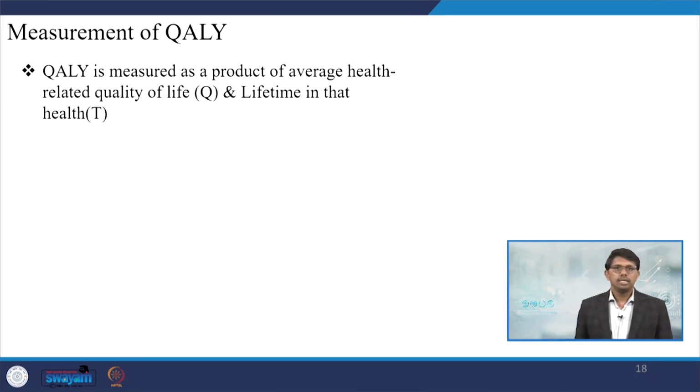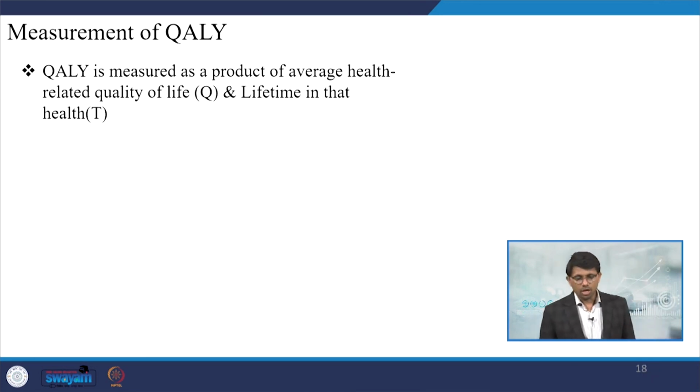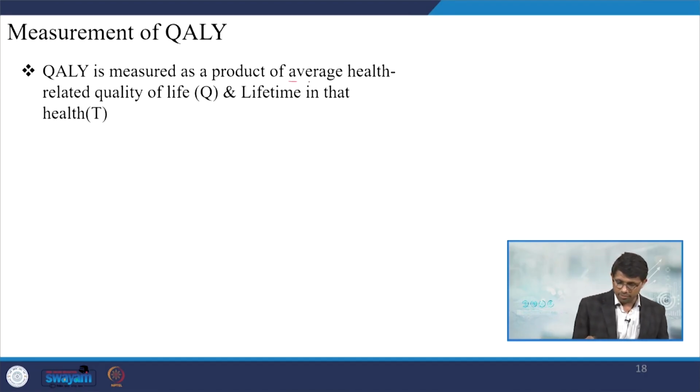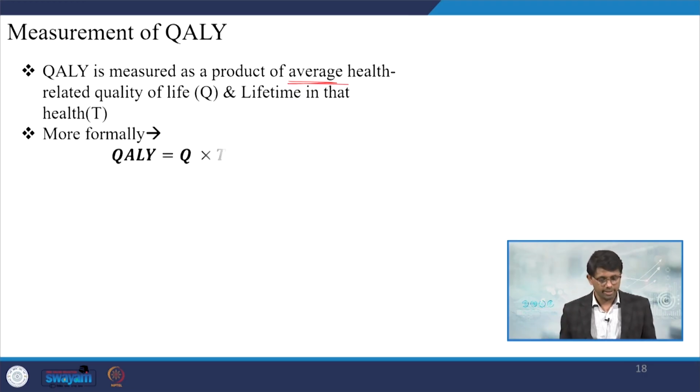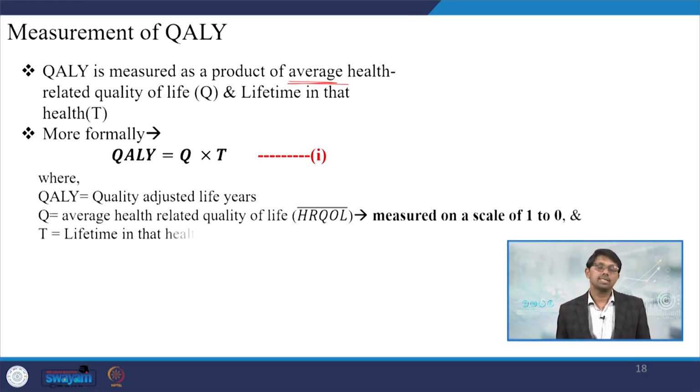QALY is measured as a product of average health related quality of life and lifetime in that health. Hence, QALY is a product of Q and T, as we have already clarified.